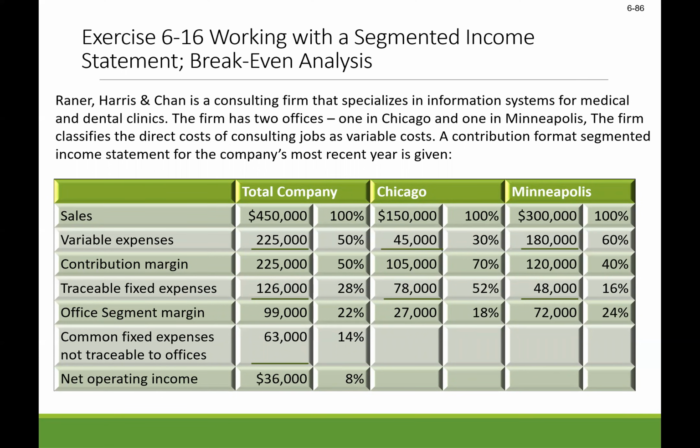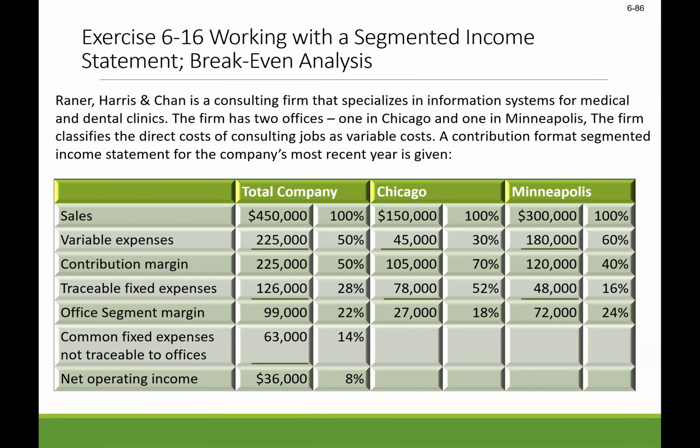Ranner, Harris, and Chan is a consulting firm that specializes in information systems for medical and dental clinics. The firm has 2 offices, one in Chicago and one in Minneapolis. The firm classifies the direct cost of consulting jobs as variable costs.